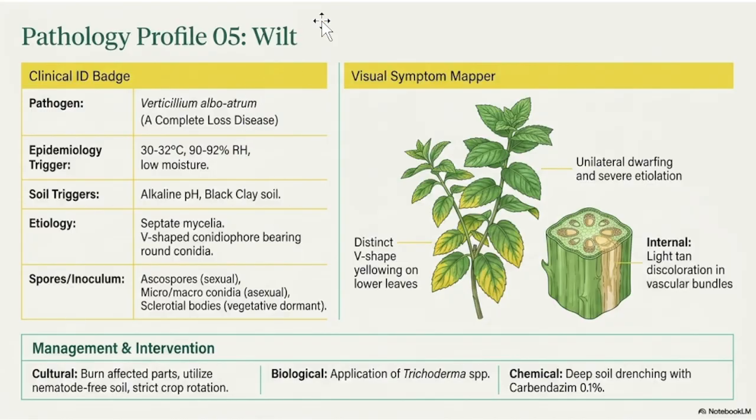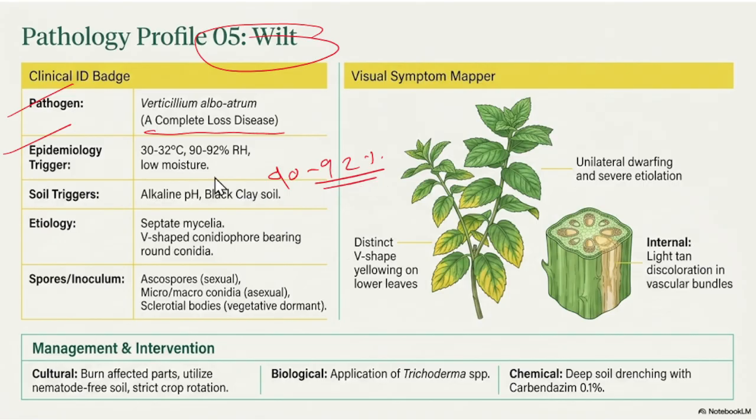So the fifth one is one of the major diseases, the wilt disease. That wilt is caused by Verticillium albo-atrum. It causes complete loss due to this disease. For the epidemiology, the temperature is 30 to 32 degrees Celsius, and relative humidity is 90 to 92%. Low moisture content is needed here.